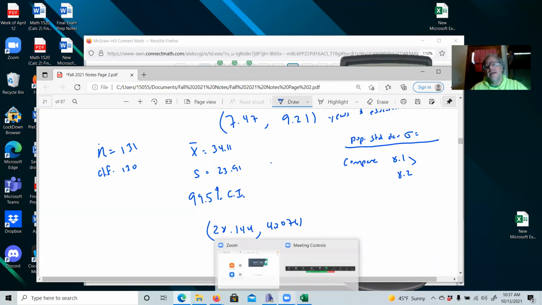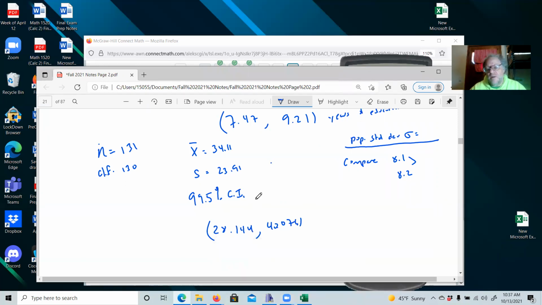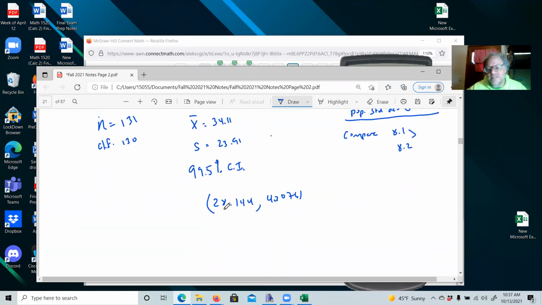We have a 99.5% chance of covering the, look how wide that is. We have a 99.5% chance of covering whatever the true mean is, whatever the actual average is that first graders can identify for sounds. Like, what is that average number? We have a 99.5% chance of saying it's somewhere within here.